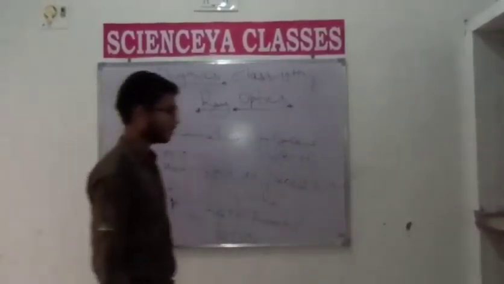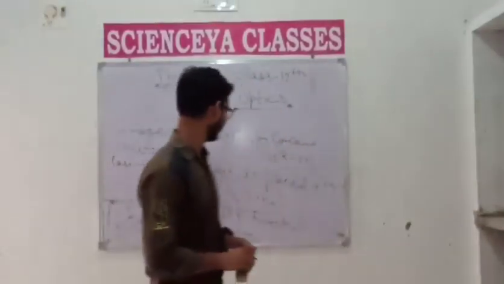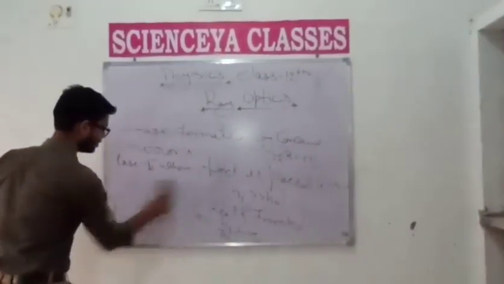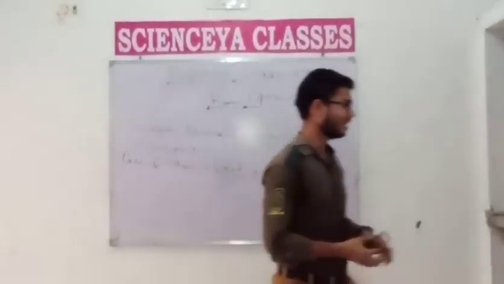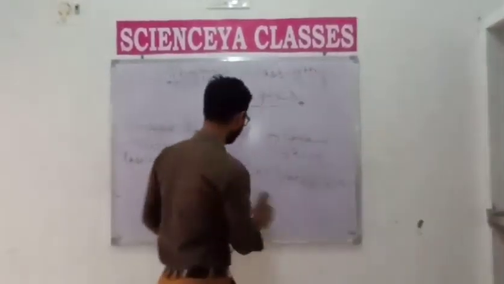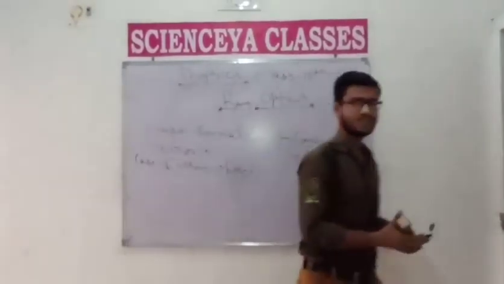So student, this is the fifth case, and now we discuss the sixth case, and this is the most important case, when the linear magnification in a concave mirror is positive.